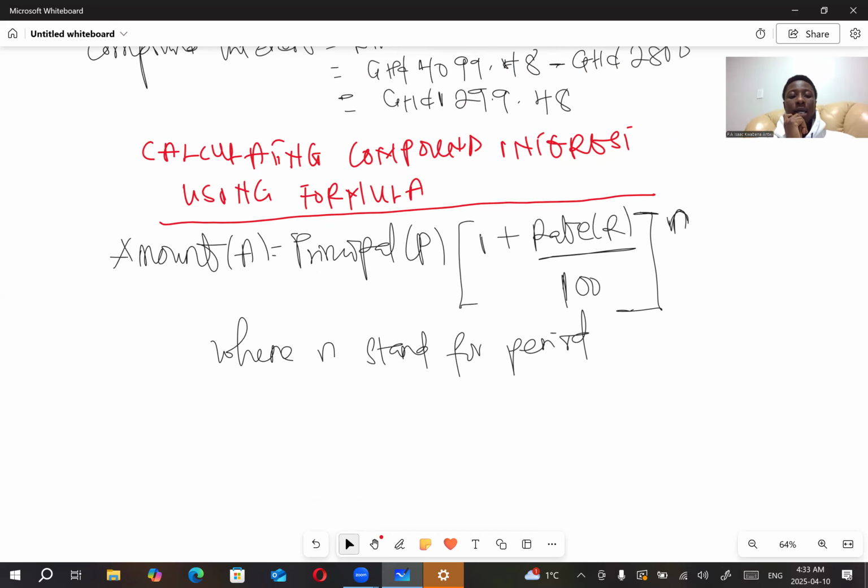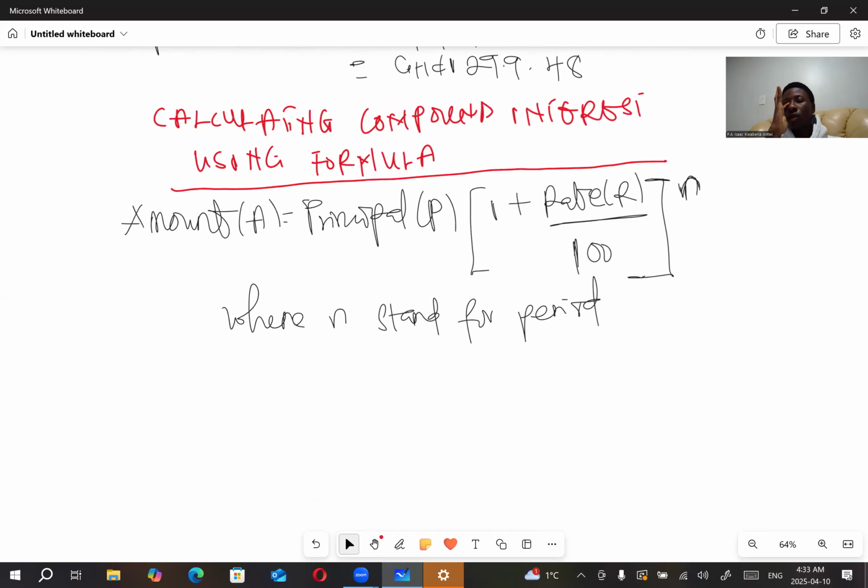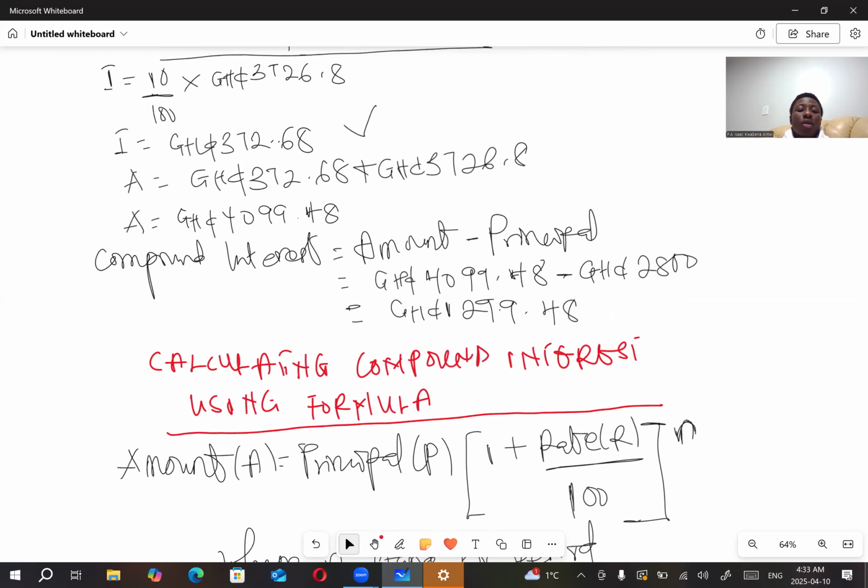So let's go back to the questions we have already solved. We're going to use that formula to solve them. Remember, this formula will only help you to calculate the amount. If you want to know the compound interest, the formula is giving you the amount at the end of the whole period.